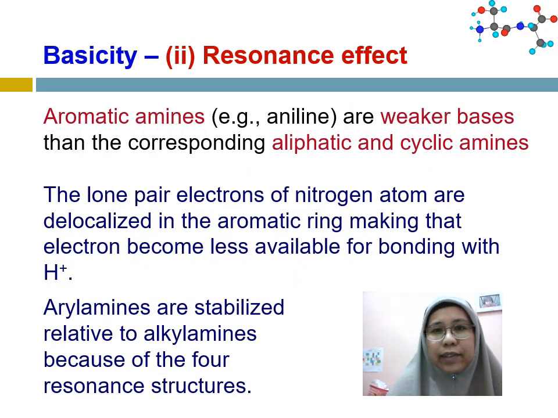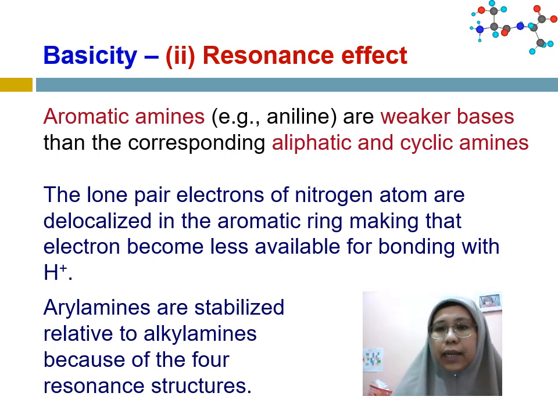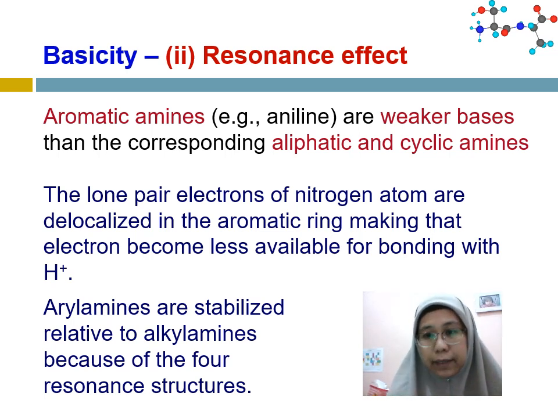Next, let's look at the resonance effect. For this part, we have to know that aryl amines or aromatic amines would become a weaker base because they have 4 resonance structures compared to aliphatic and cyclic amines. Cyclic amines are, for example, our cyclohexanamine just now.